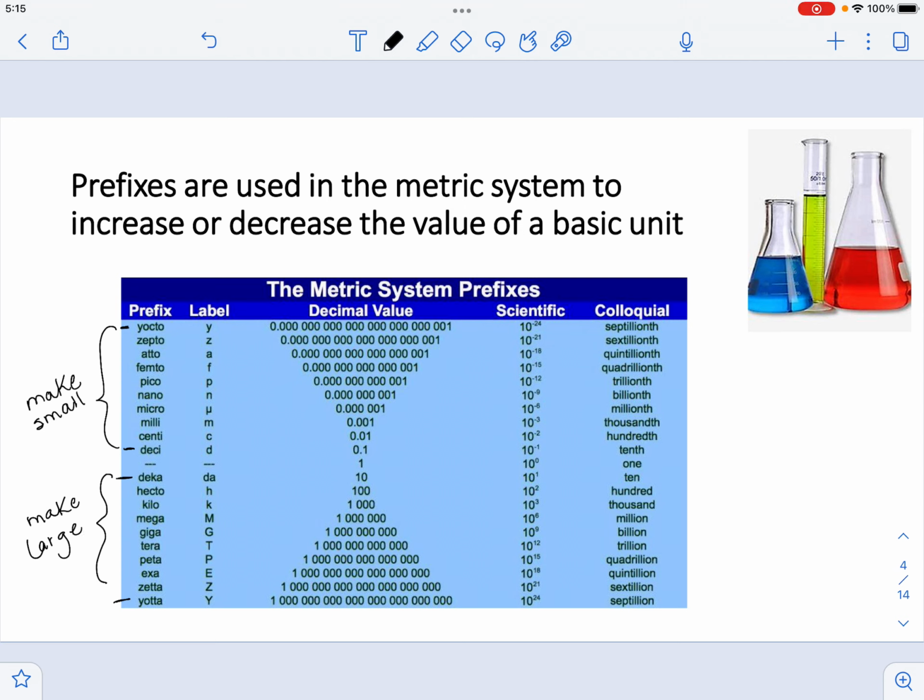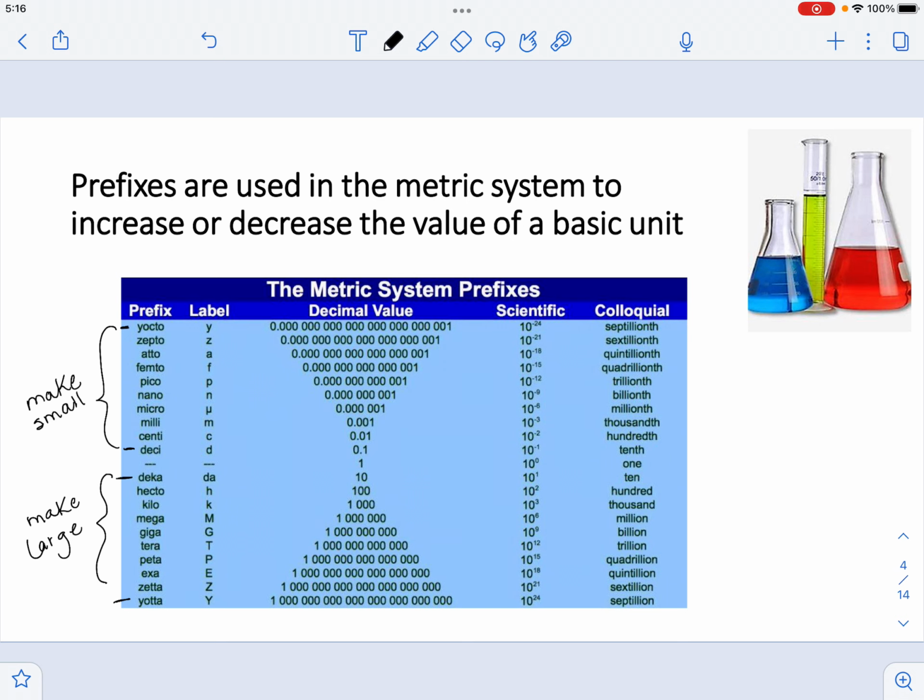As you can see, they are deca, hecto, kilo, mega, giga, tera, peta, exa, zetta, and yotta. What we can see here is that all of them are related to one another by a factor of 10.